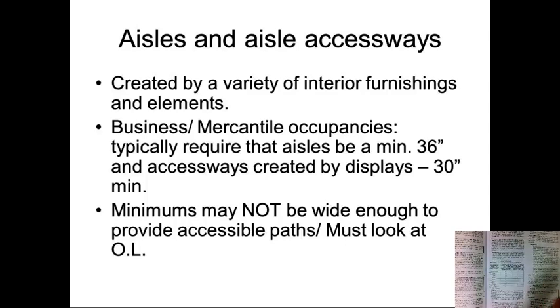But when a drawing is turned in, this is what's shown, but you can't guarantee what our owner may end up doing. So minimums may not be wide enough to provide accessible paths, but you have to look at the occupant load to be able to get things figured out.